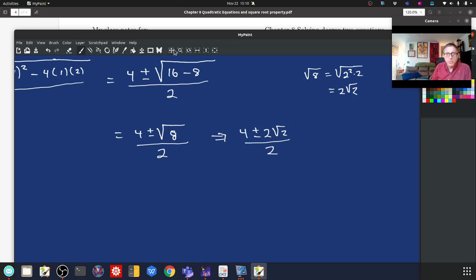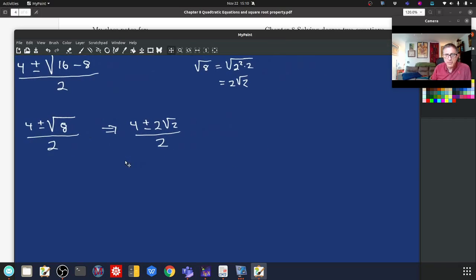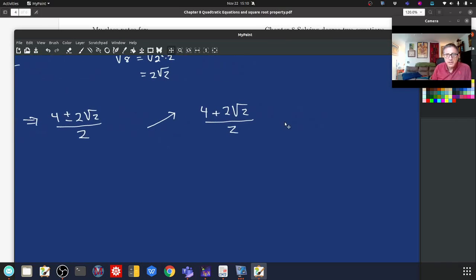So here we want this in the full simplified form. So we're going to do it in 2 steps. One is we have 4 plus 2 times the square root of 2 divided by 2. But that's equal to, in the numerator, 4 and 2, they share the common.